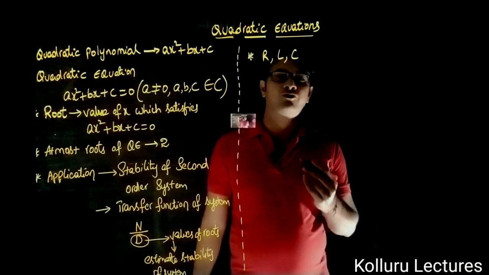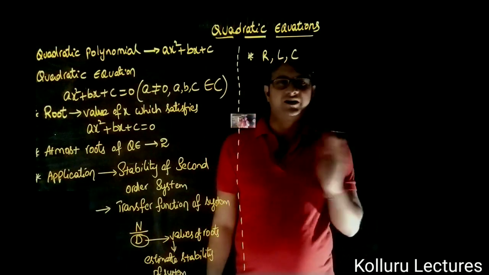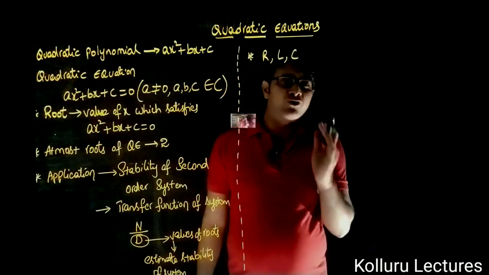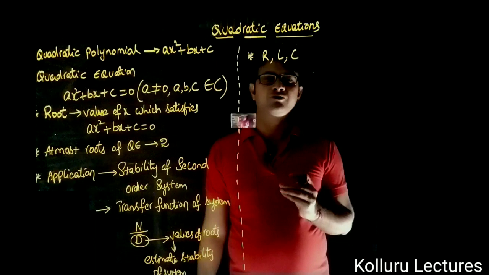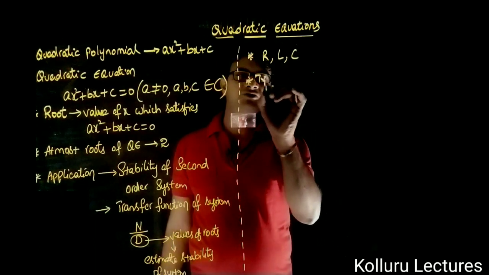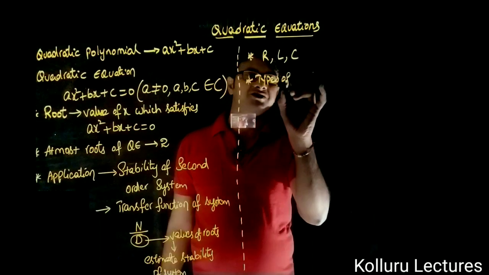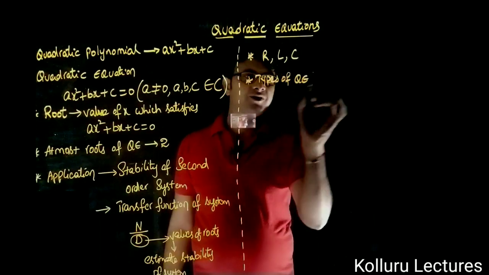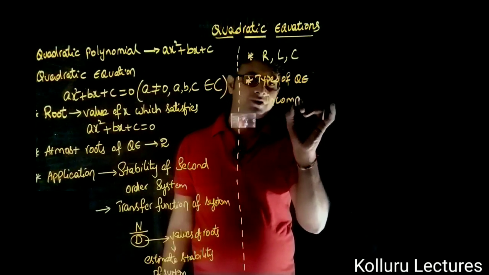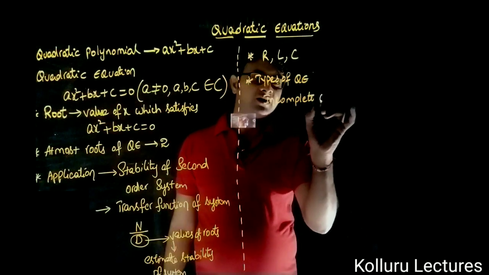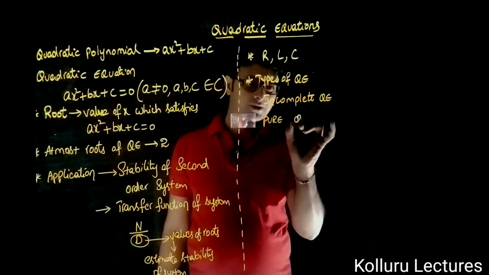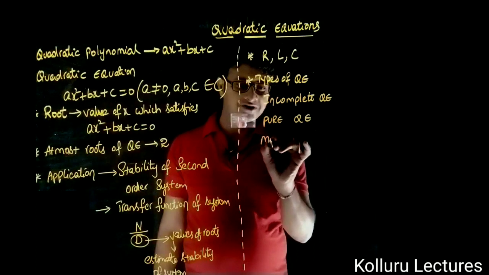Now let us go for how to determine the value of x, how to calculate the value of x. Mainly, before going to this, let me tell you some of the types of quadratic equations. Normally here we have incomplete quadratic equation, pure quadratic equation, monic quadratic equation.